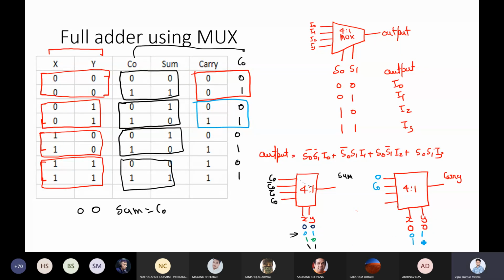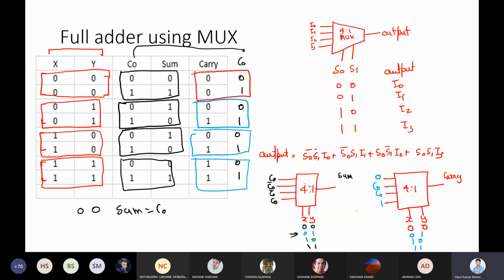Now let's look into the 1, 0. What you'll get in case of 1, 0? C0 only. So we'll say C0. Now when you have value 1, 1, irrespective of C0, the value is always 1. So you'll say it will be 1.